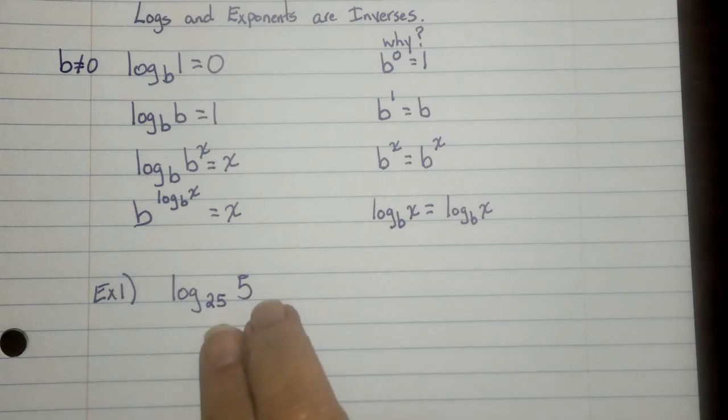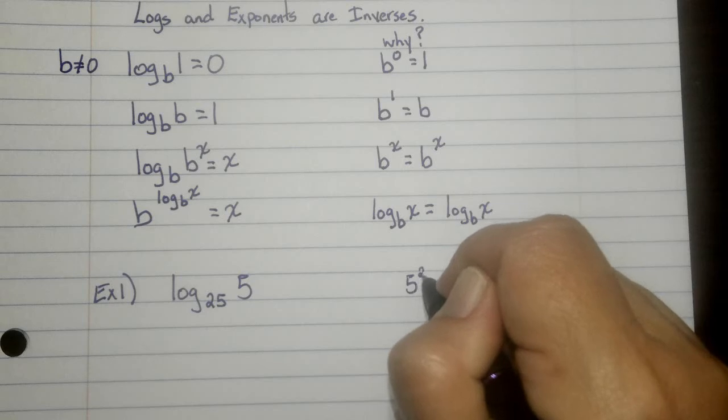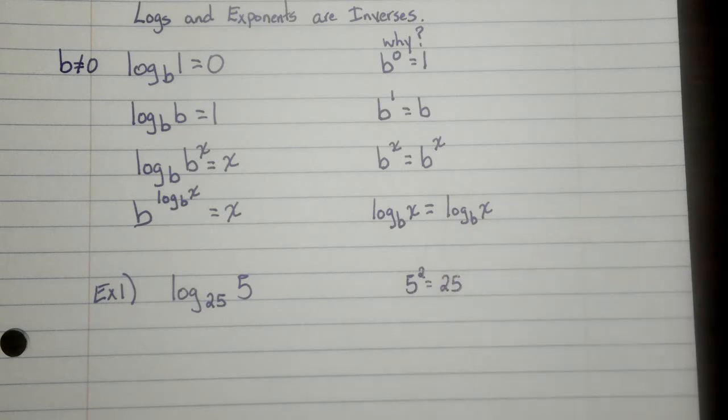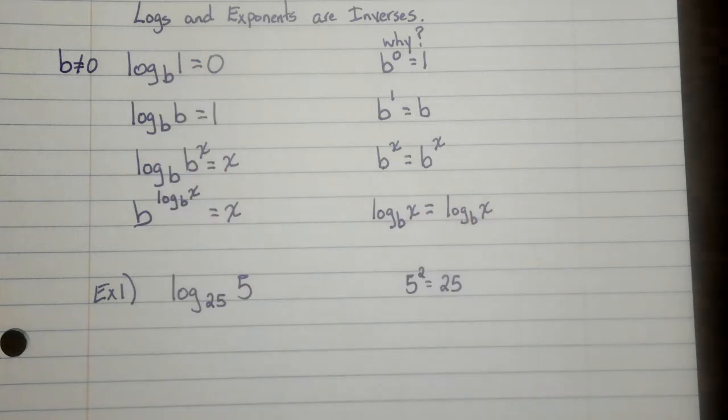So what's the relationship between 25 and 5? Five squared is 25. So I could change my 25 into a 5 squared, but that's not going to match any of these guys.